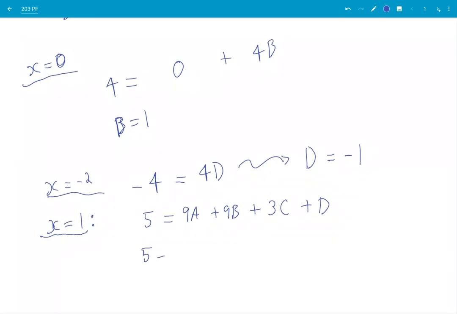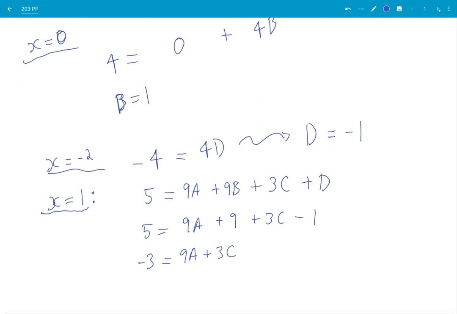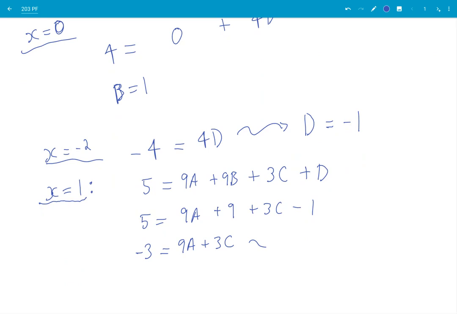So I could say 5 is equal to 9a plus 9 plus 3c minus 1. So negative 3 is 9a plus 3c. Let me see, yeah, and why don't I divide by 3 to get 3a plus c is equal to negative 1.